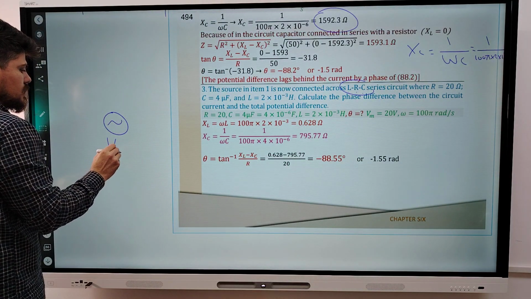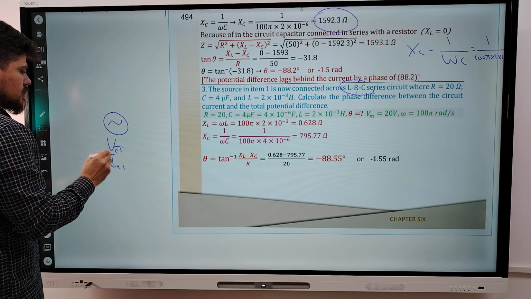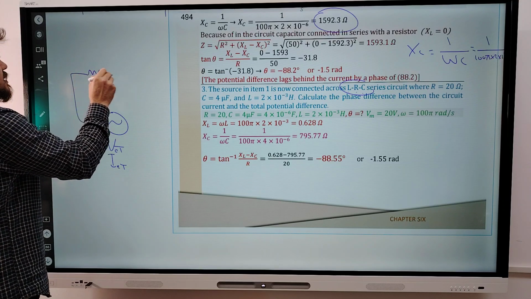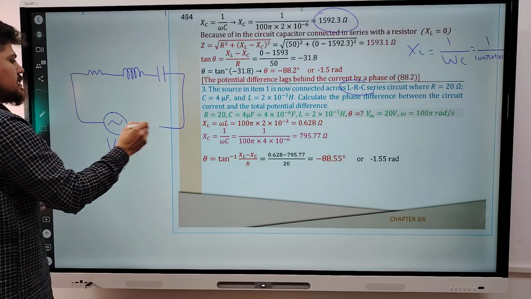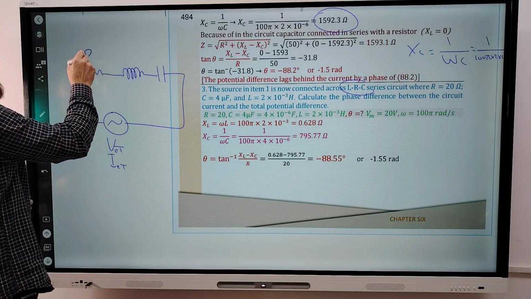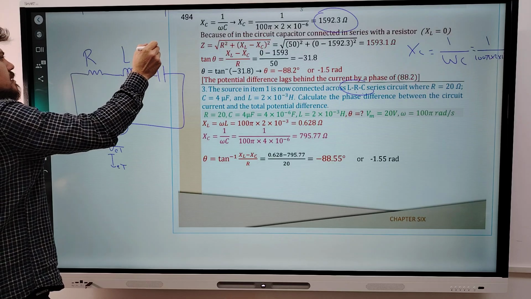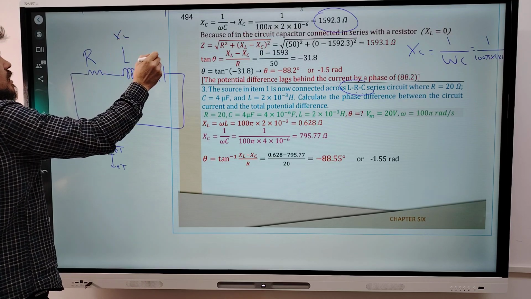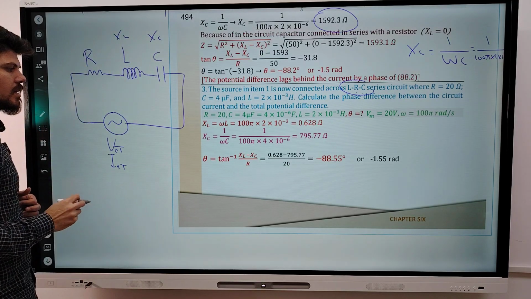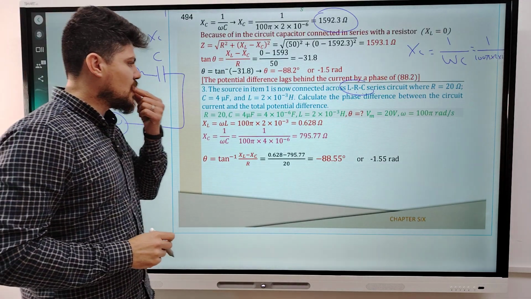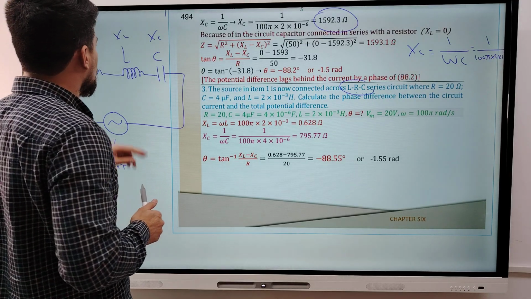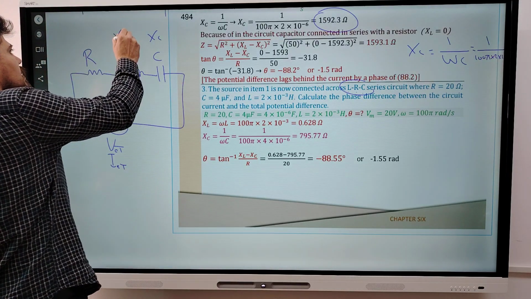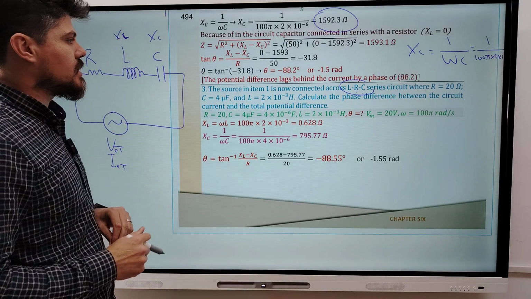This is V total or I total across the resistance, inductance, capacitance. It means that we have resistance, we have inductance XL, and we have XC. To find Z, we have to calculate the inductive impedance and capacitive impedance.